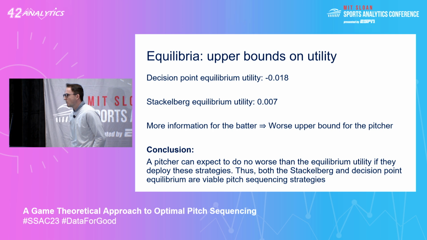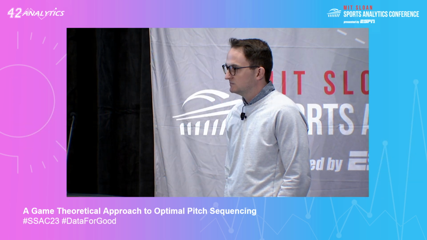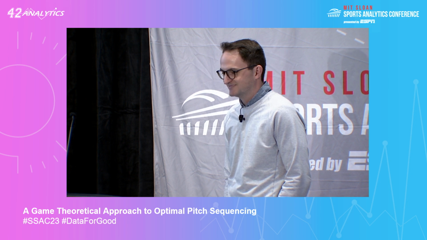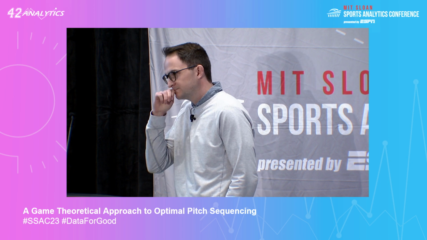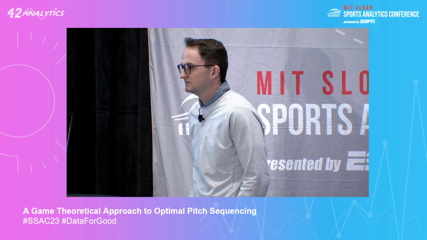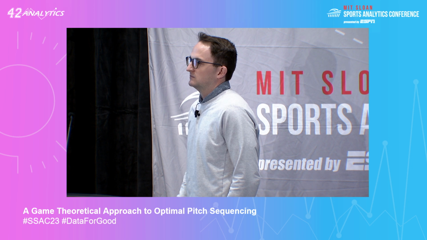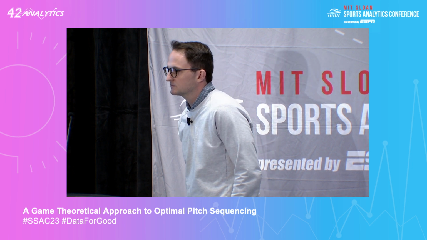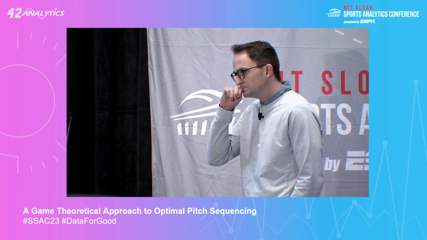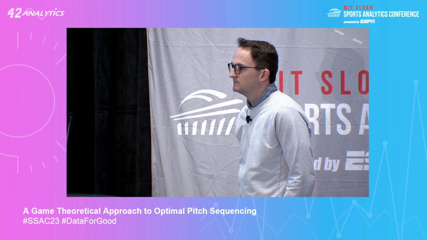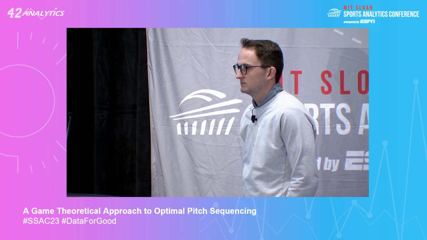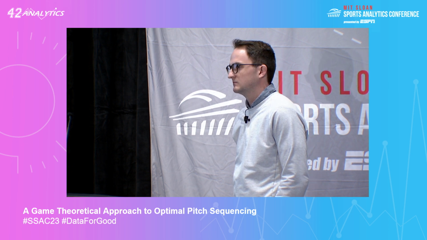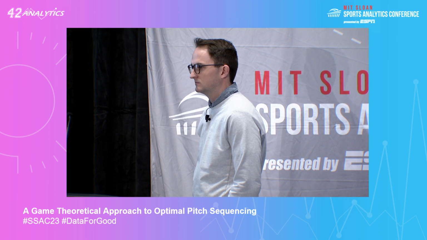Most of your presentation I understood perfectly, which is rare in these things. But I was a little confused about the randomization aspect. So if I understood correctly what you're saying, is it accurate that the randomization is huge for the batter?